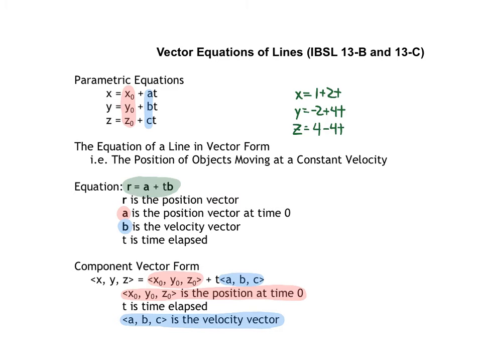Okay, so from this, just to make the connection here, A is our position at time t, so that's the vector 1, negative 2, 4. It's a position vector, so we're writing it as a vector from 0 to the point.